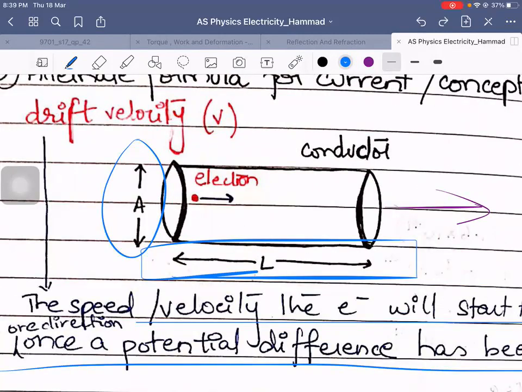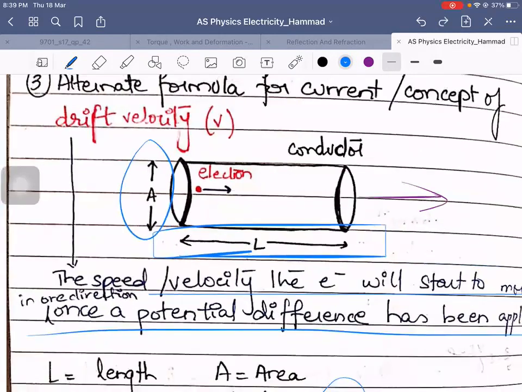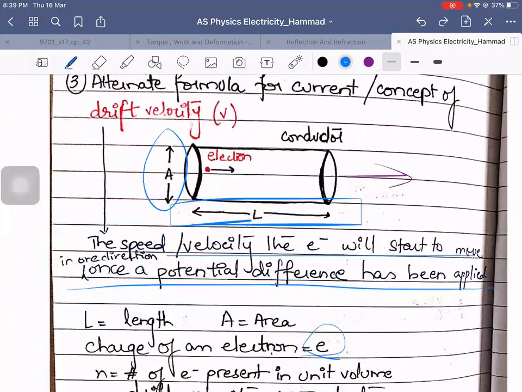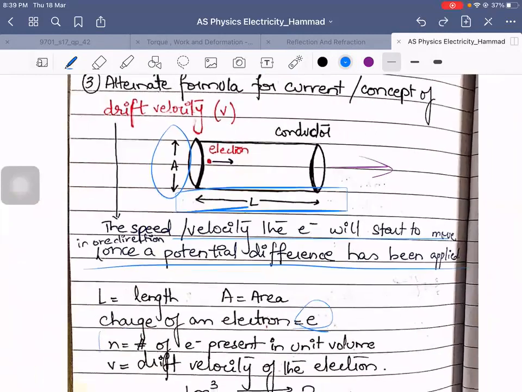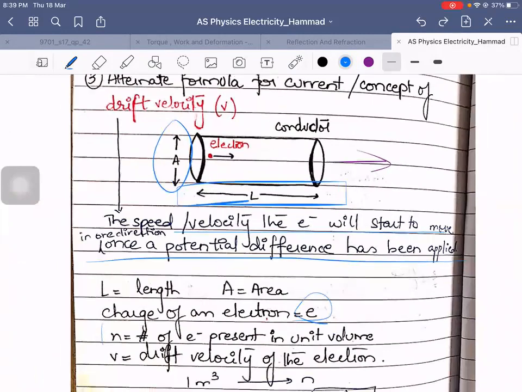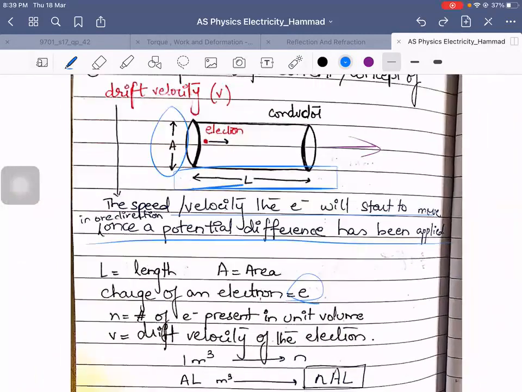There are a large number of electrons present in the container. So N could be the number of electrons present in a unit volume.